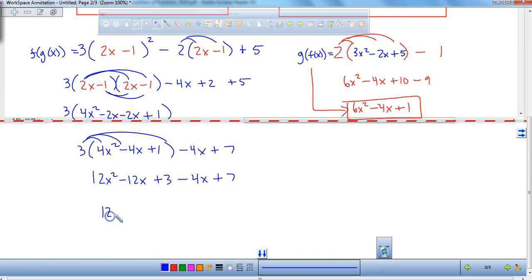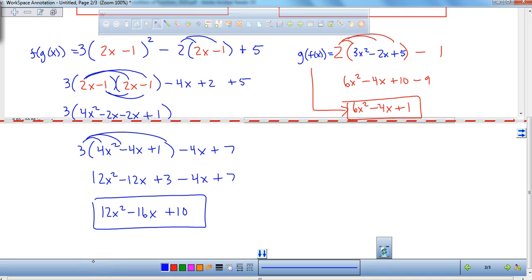And if we finish things out, we got 12x squared, negative 12, negative 4 gives us negative 16, and 3 plus a 7 gives us a 10. Whew. So that right there is f of g of x.